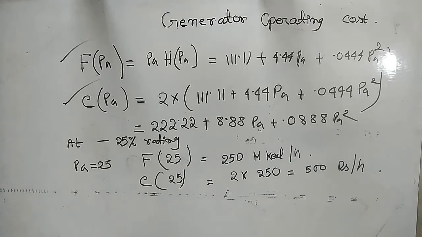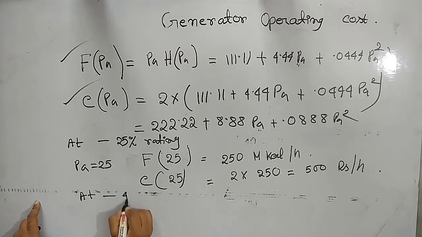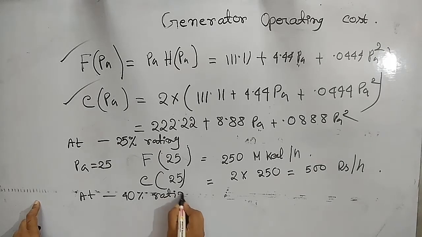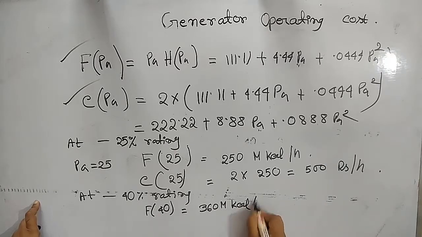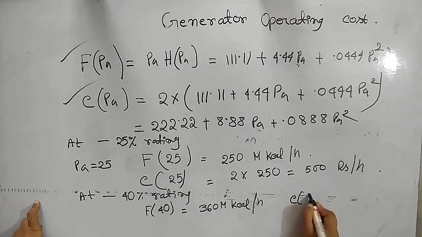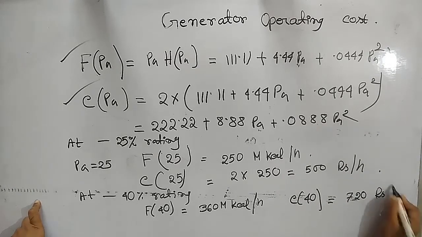Now similarly, at 40% rating, F40 is equal to 360 mega kilocalorie per hour, and C at 40% is 720 rupees per hour.